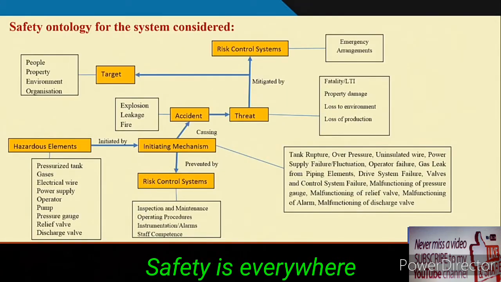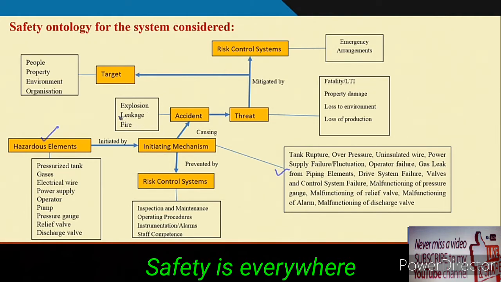Now, then we go for the ontology part. What ontology? The same hazard triangle we have used, hazard element initiated by initiating mechanism, these are the initiating mechanisms we have seen earlier, and then there will be accident related to explosion, leakage, fire, all those things. So, okay.